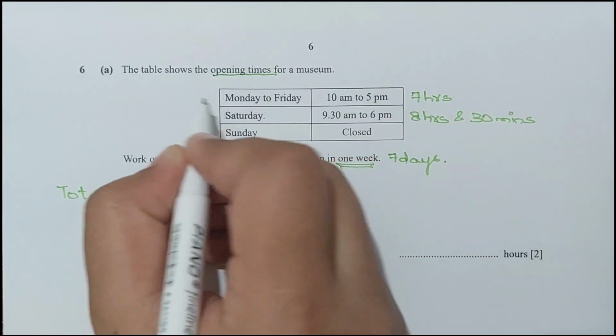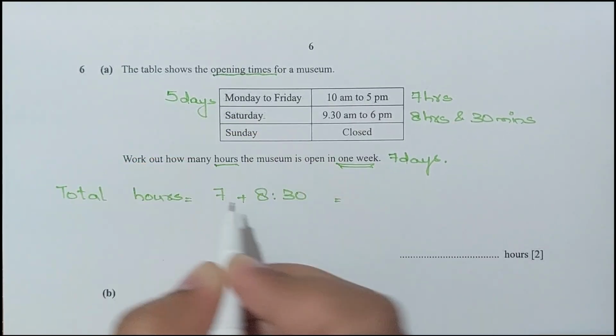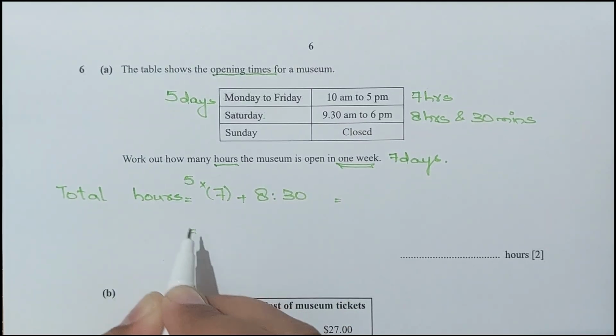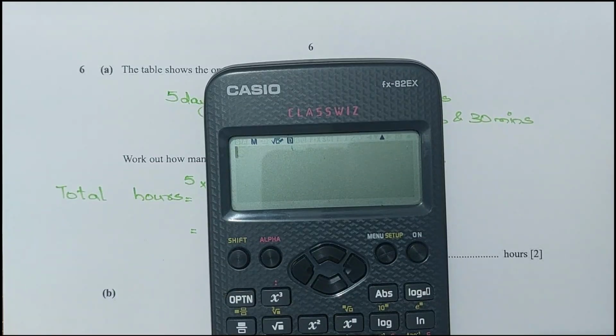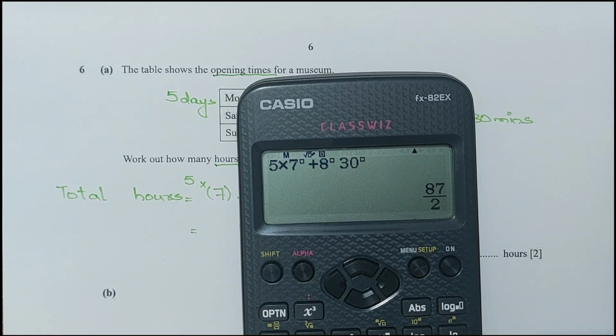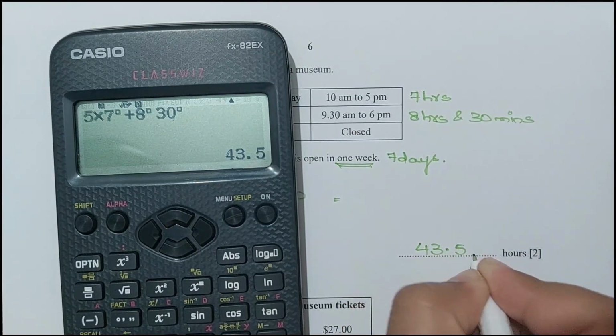The 7 hours is for 5 days, right? So you have to times it by 5. So 5 times 7 hours plus 8 hours and 30 minutes, which is 43.5 hours. The museum is open 43.5 hours in 1 week.